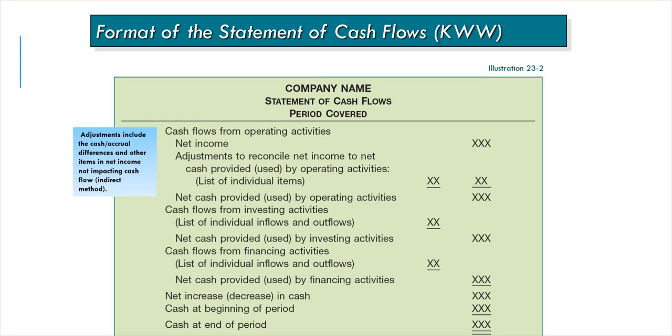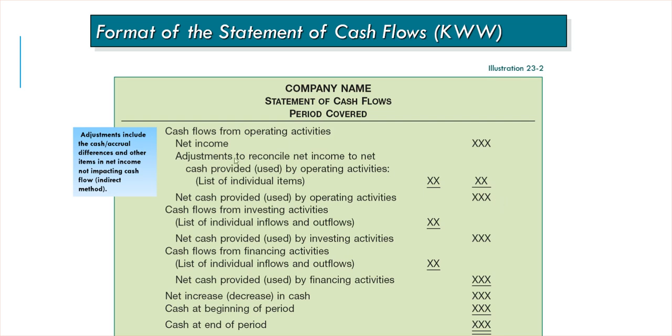When you use the indirect method, in the operating section you're going to have net income listed first, and what you're going to get to is net cash provided by operations. As I was saying before, typically you want these to be positive and you want them to be close together. So they're close together and they're positive if you have a strong company.